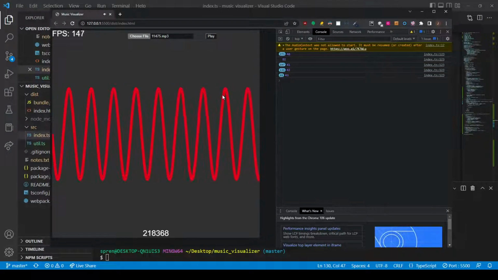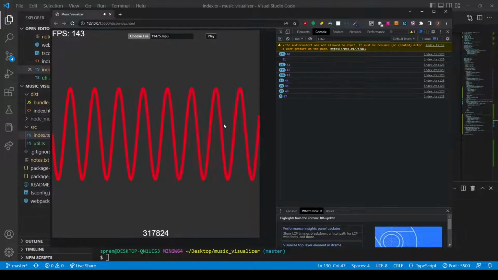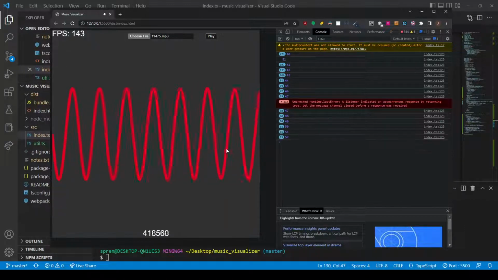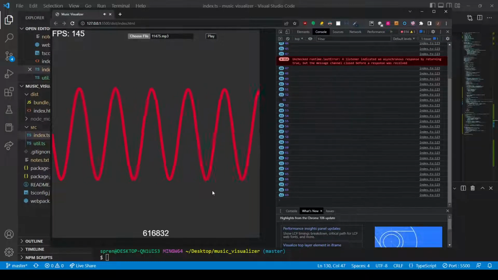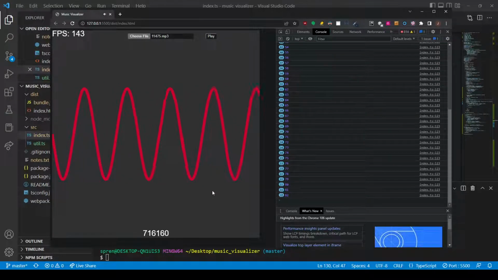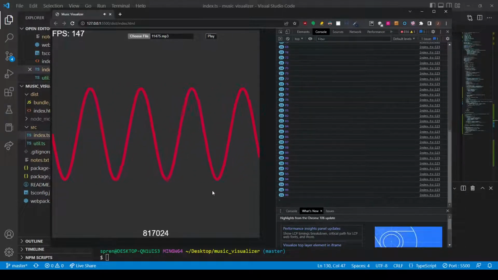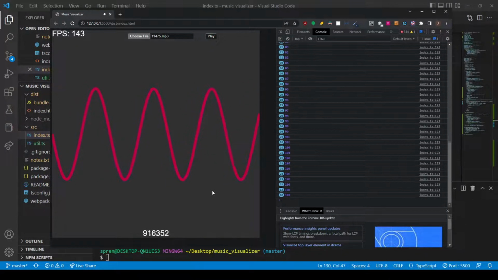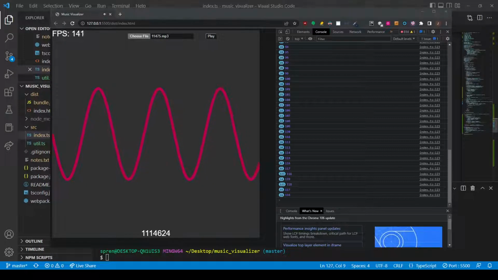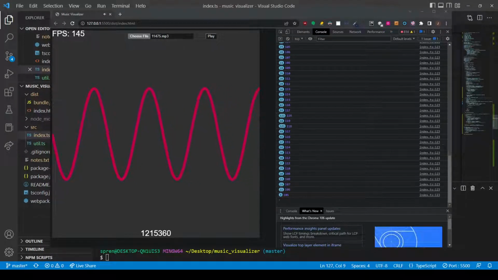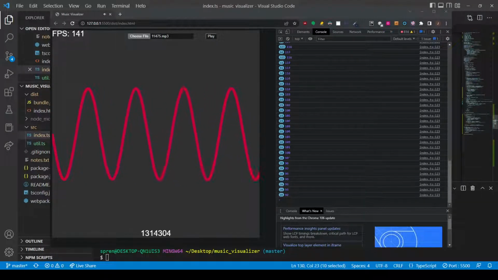For a split second it messed up. I love it. It's unreasonably good.